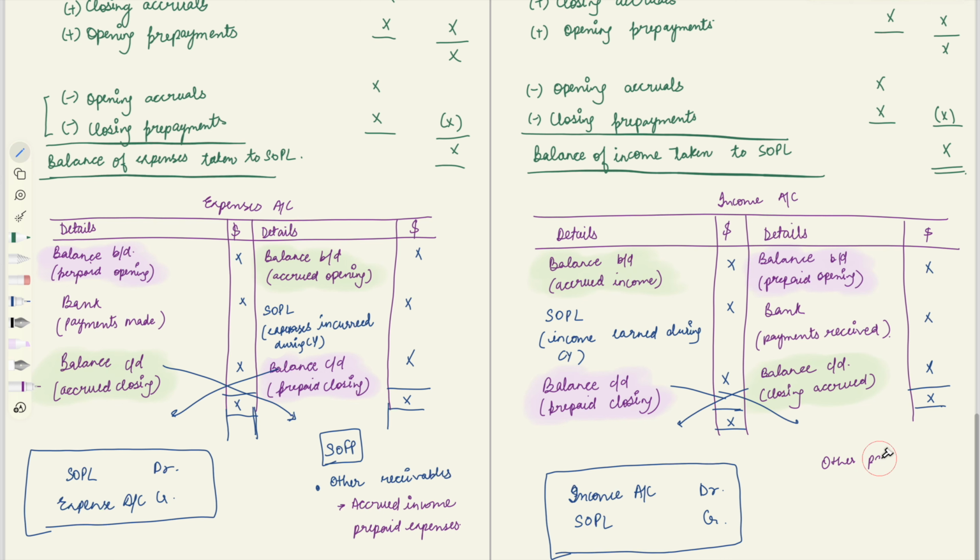Other payables will include your prepaid income and accrued expenses. That is the main summary of it.